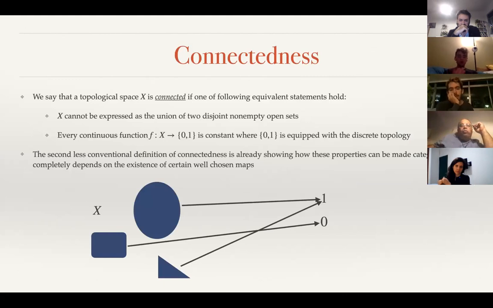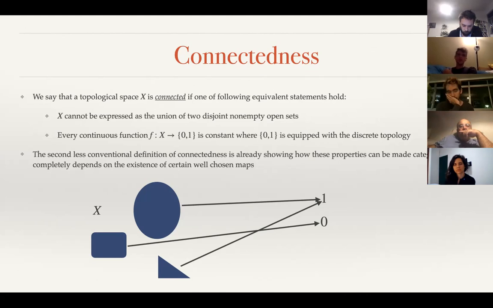Another property that you can define with topology is connectedness, whether a set is connected or disconnected. It's connected if it can't be expressed as a union of two disjoint non-empty open sets. So if you cannot separate it by two open sets that don't intersect at all. Or equivalently, which is a more categorical definition, if every continuous function to the set {0, 1} is constant, where {0, 1} has the discrete topology.